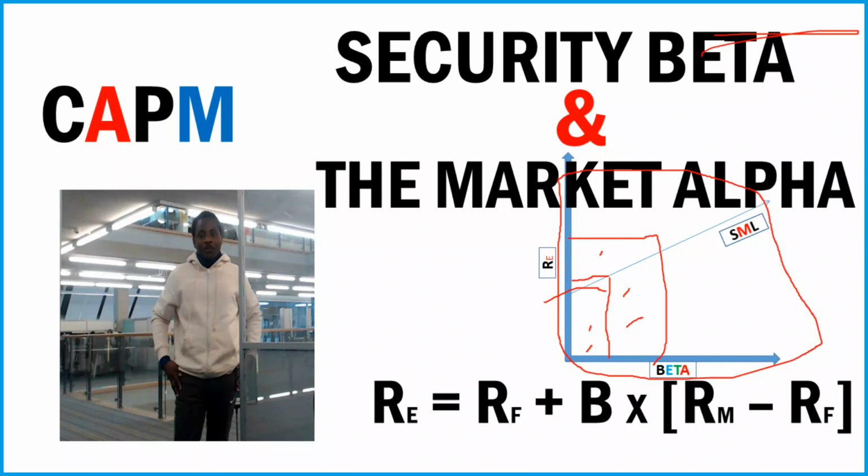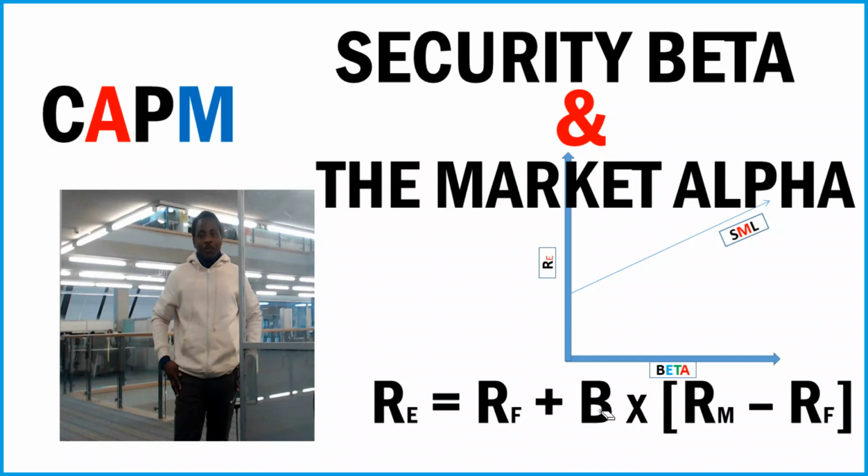What now happens if we have a stock that actually outperforms the market? Don't forget that beta actually measures the performance of an investment against the market. But when we are talking about the market alpha, we are talking about a situation in which a particular stock or a particular manager of a portfolio actually outperforms the market.